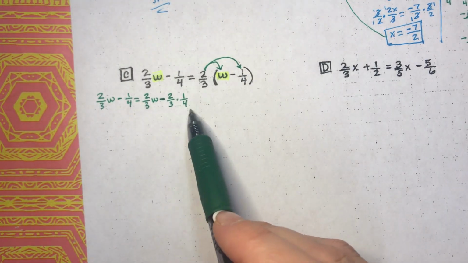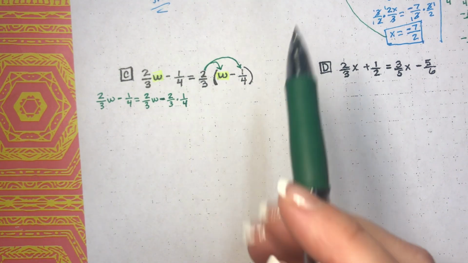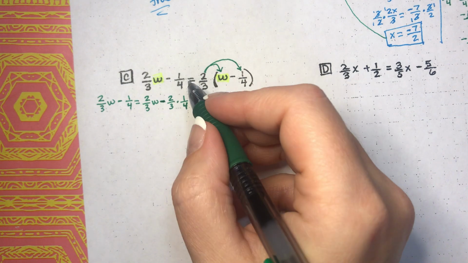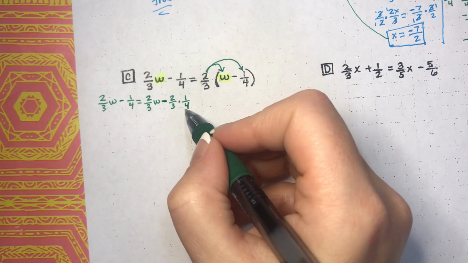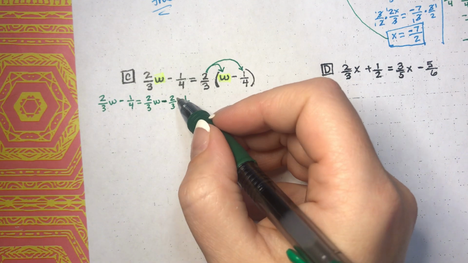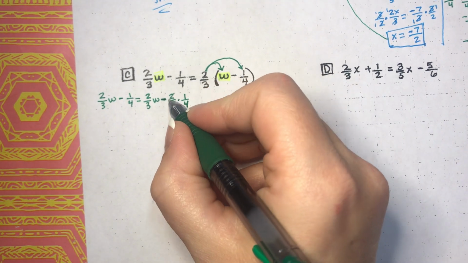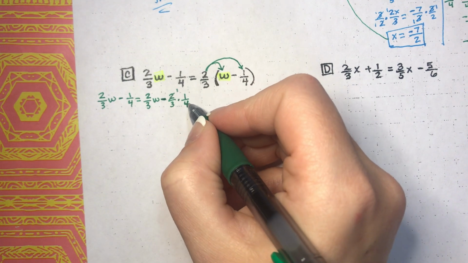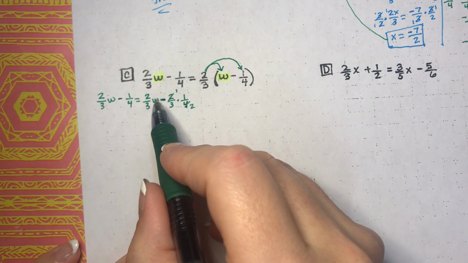Now we have this multiplying. We're going to multiply these fractions, so we can look to cross cancel and then multiply across, right? So the question is, is there a common factor between 2 and 4? Yes, 2. How many times does 2 go into 2? 1 time. And how many times does 2 go into 4? It goes in 2 times, right? And then we would multiply across.